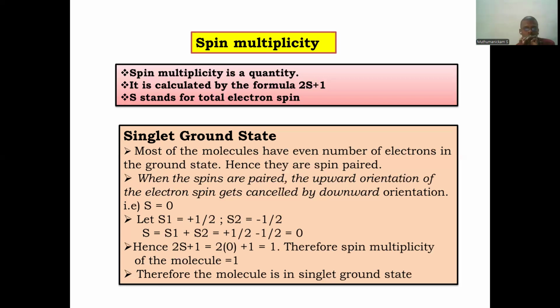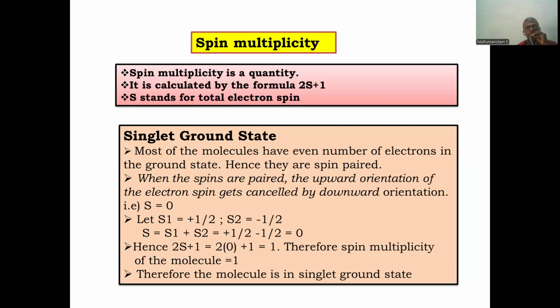When the electron has upward orientation, it is given the spin quantum number value of plus half. The downward orientation is represented by the value minus 1 by 2. That is, S1 stands for plus half and S2 stands for minus 1 by 2.